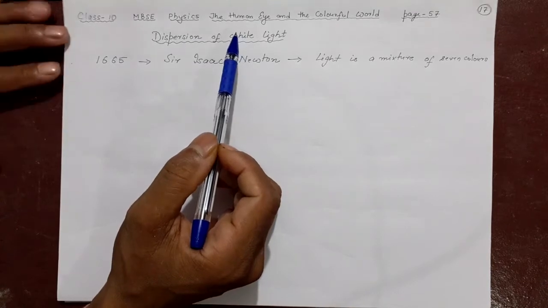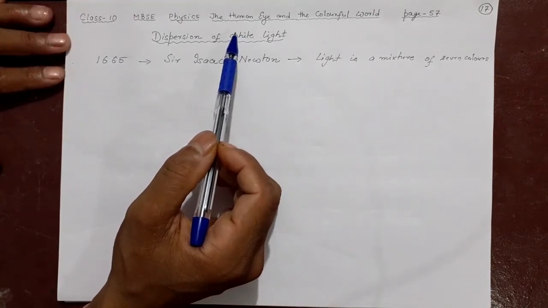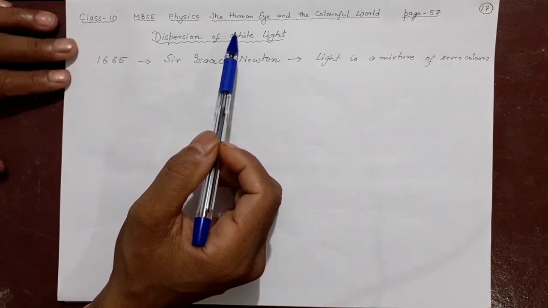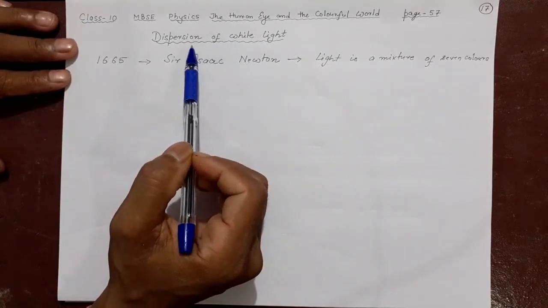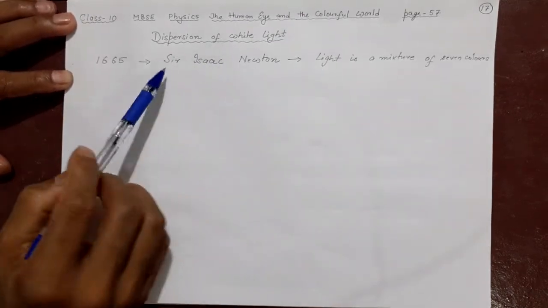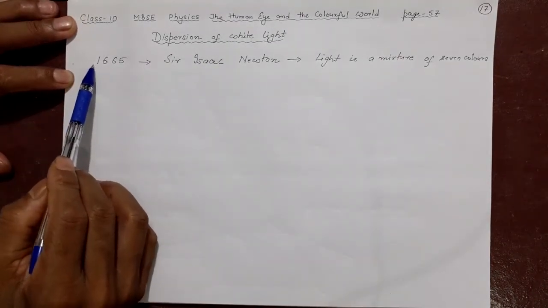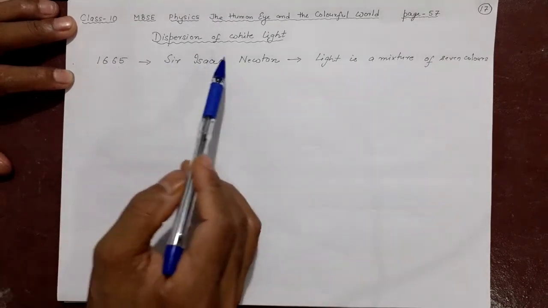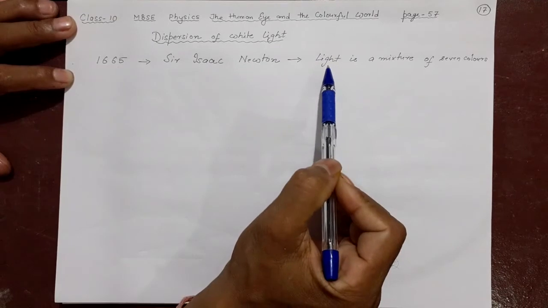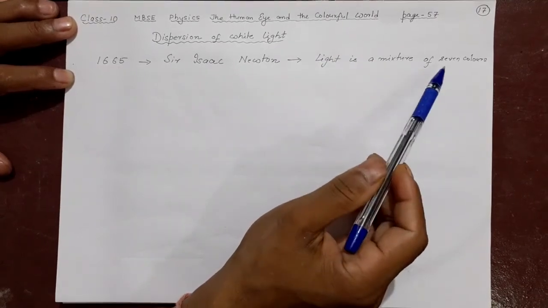In the previous lecture we have done prism and how the light gets bent through the prism. That is of course the refraction, and now this time we want to study dispersion of white light. Before studying that, we have to know one small thing: in 1665 Isaac Newton, a scientist, found that light is a mixture of 7 colors.